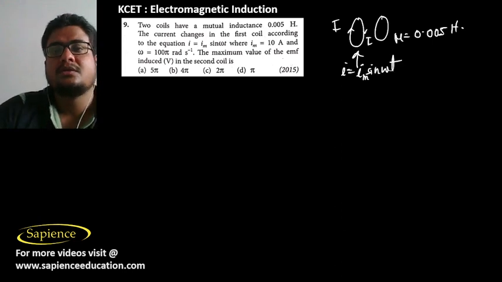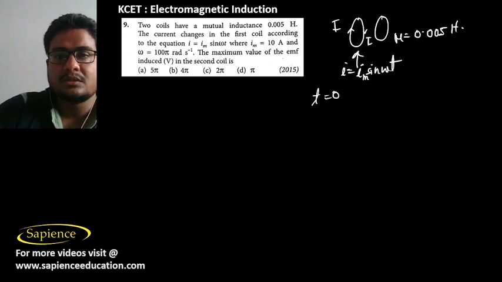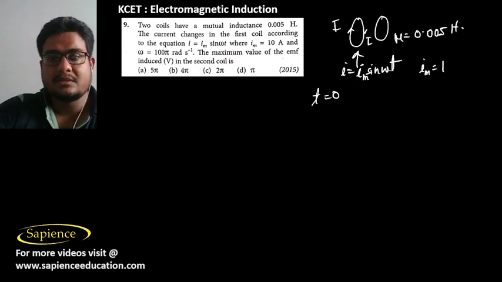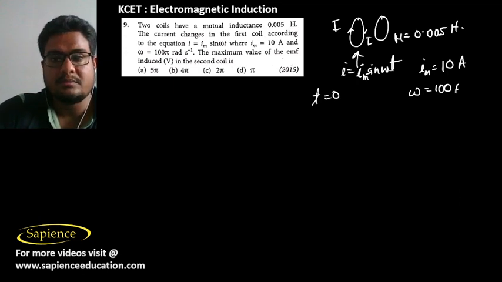So it means that initially from t equal to 0 the current will increase. Here Im, the peak current, is 10 ampere and omega is equal to 100 pi radian per second.